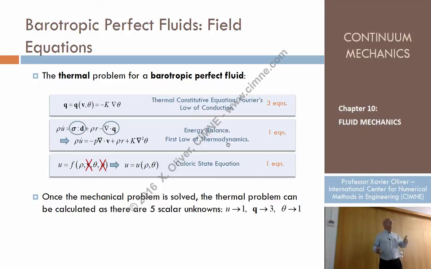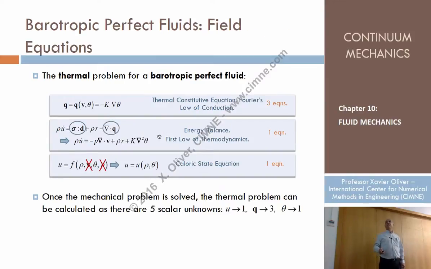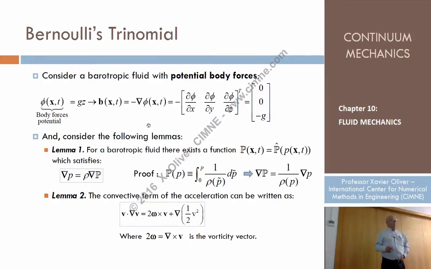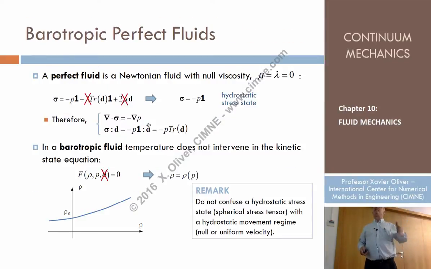But in fact, in most cases, we are not going to solve that problem. We are not interested in it very much. We are mostly interested in the mechanical part of the problem. Maybe this problem, 5 unknowns, 5 equations, a partial differential equation system, can be solved by numerical methods, yes.